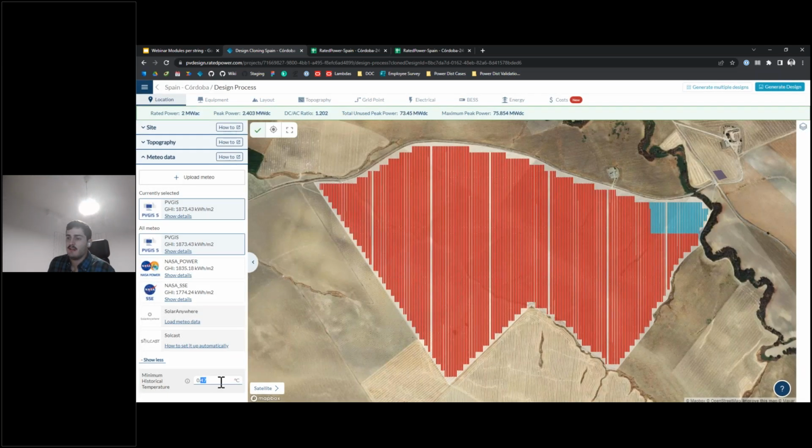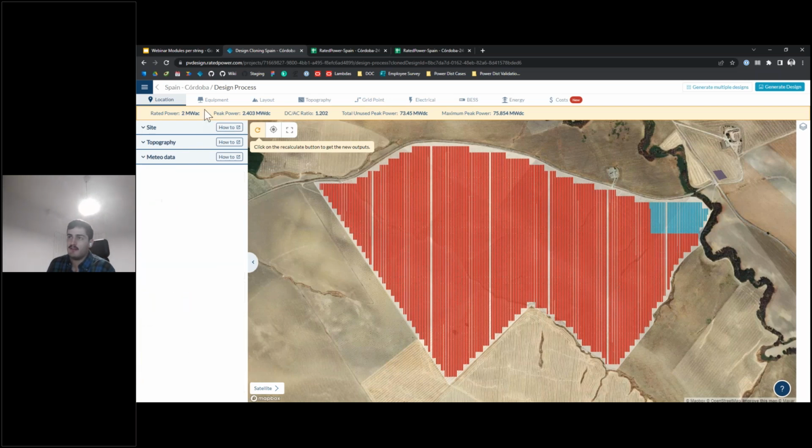Put that in this box, and this is the temperature that we are going to use for calculating the limits of the number of modules per string.